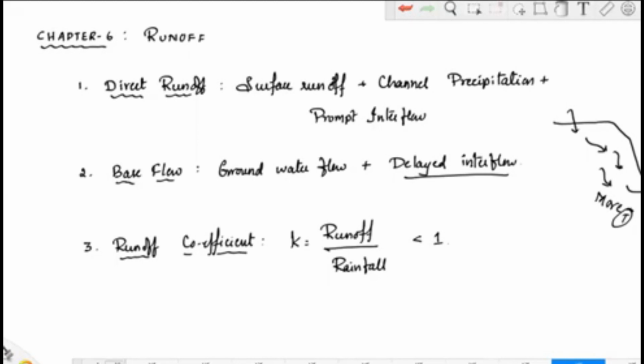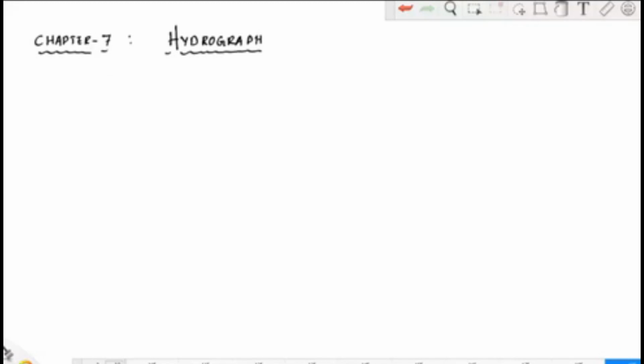Okay, now we shall go for hydrograph. One by one we shall go. Basically, first point, flood hydrograph. Storm hydrograph.